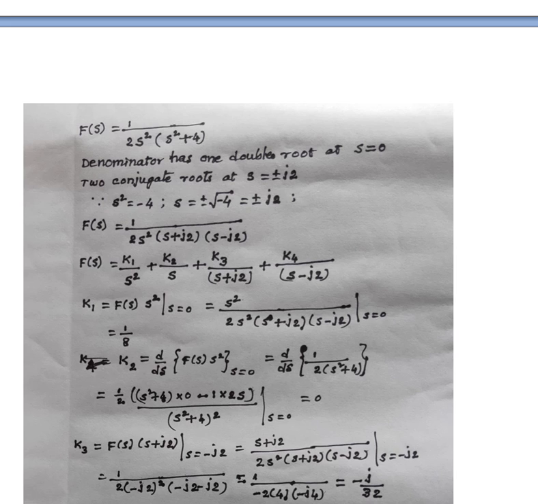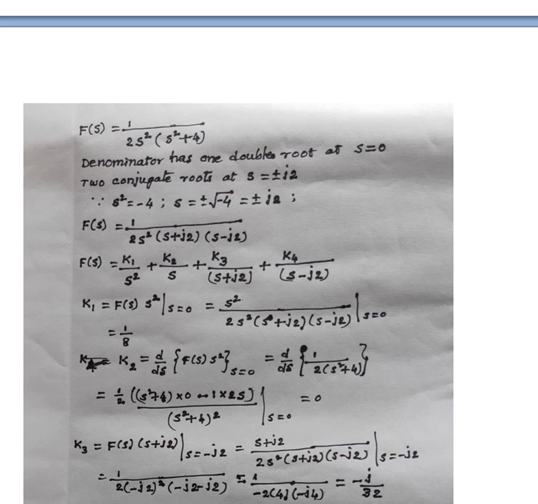So this is nothing but differentiation in the form of u by v format. In that case, it is v du by dx minus u dv by dx divided by v square. So v means this, so you square it. Then we'll get that is s square plus 4 whole square.